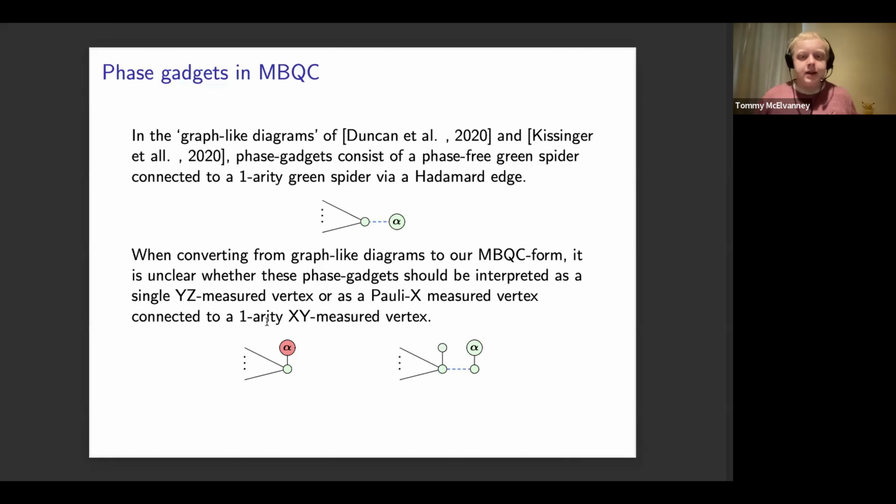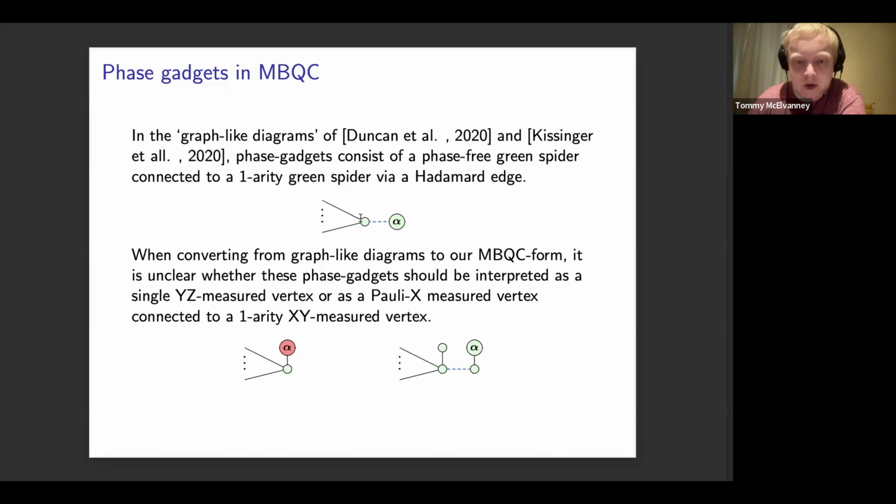In the graph-like diagrams used in physics, we represent all diagrams as only green spiders. A phase gadget consists of a green spider connected by a Hadamard wire to some alpha. This is slightly different to the MBQC form diagrams we use, where we want all non-output vertices to have a measurement effect connected by a plane wire.